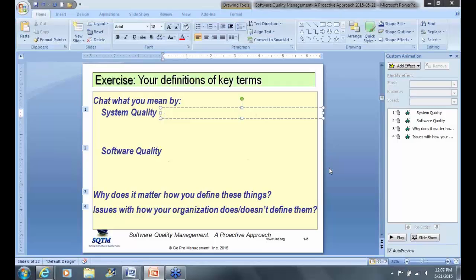So let's find out first, what do you mean by system quality? So please chat that if you would, and while you're identifying that, I'm going to tap dance, as the saying goes.